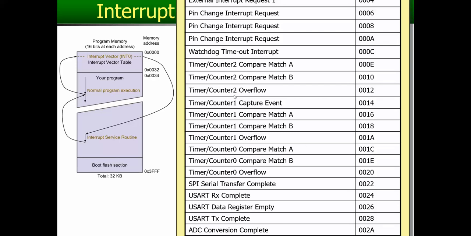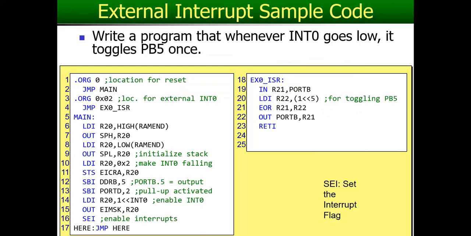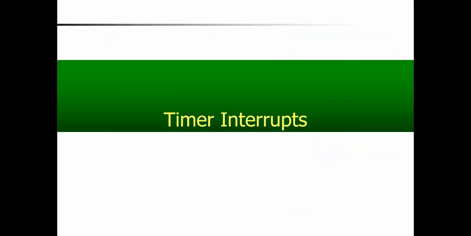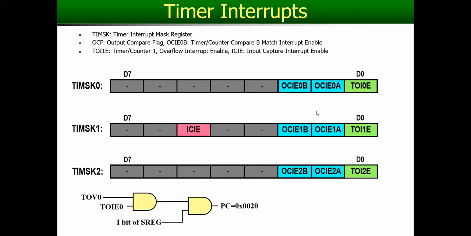Okay, and there are other flags also related to timer interrupts, and you can see them here on this slide. This one. See the output. OCF is the output compare flag. Okay, but you can also be interrupted every time the output compare match occurs.